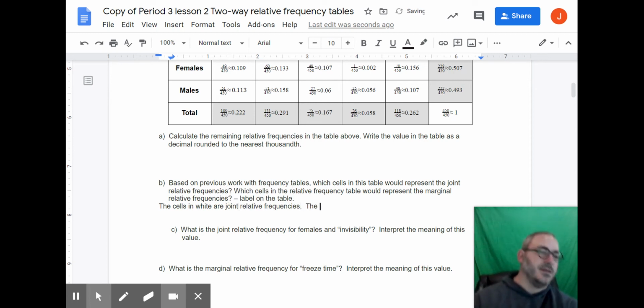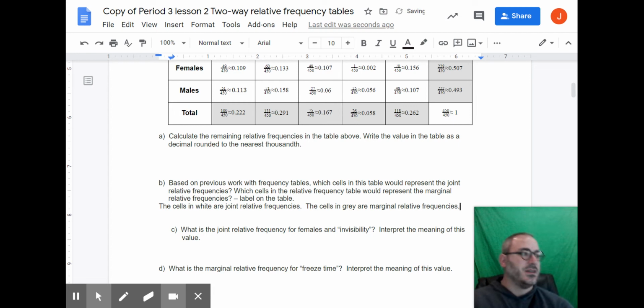And the cells in gray are marginal relative frequencies.